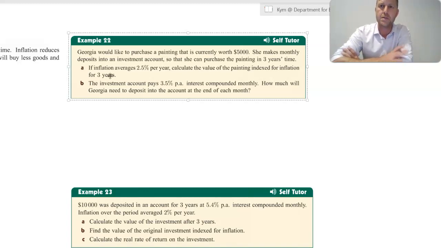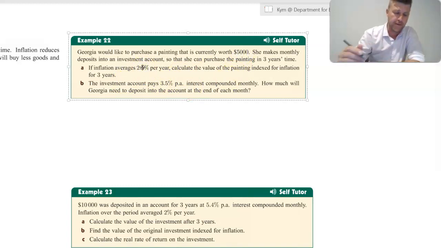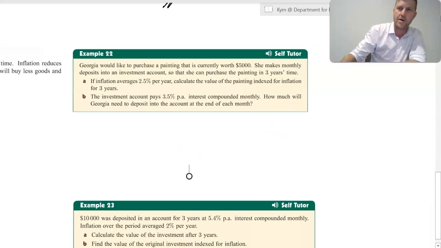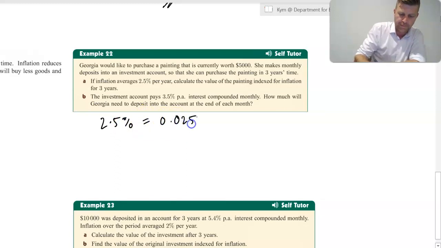So what is the indexed value of the painting in 3 years' time, considering an average inflation rate of 2.5% per year? We're going to increase $5,000 by 2.5% every year for 3 years, but it's going to be compounding. First, we convert our 2.5% to a decimal, which is 0.025.